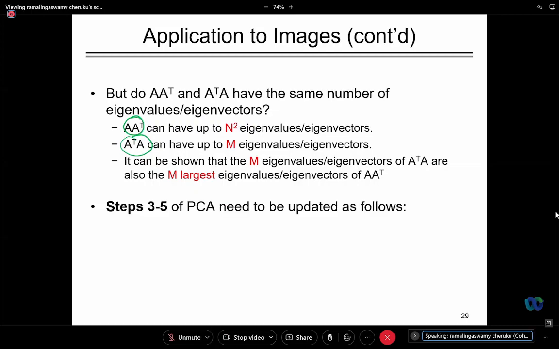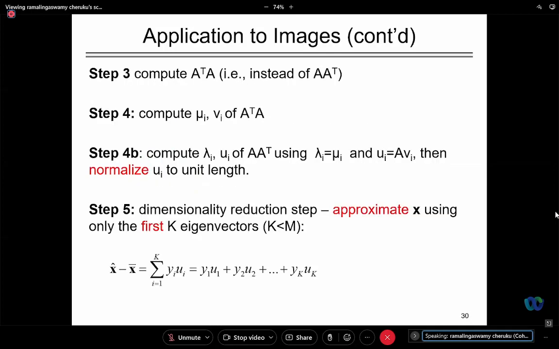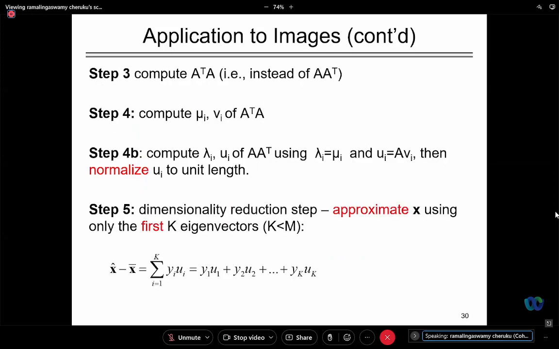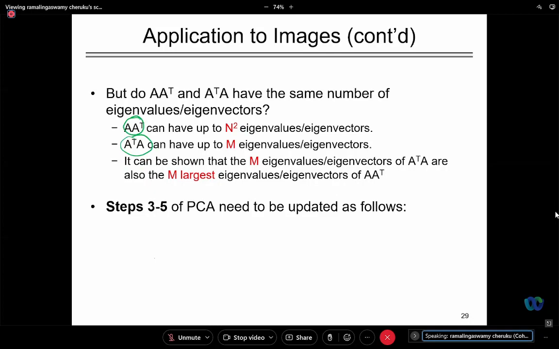Now step 3 of PCA needs to be updated as follows. In step 3, we are finding the sigma x, but now compute A transpose into A instead of A into A transpose, because A transpose A has m eigenvectors, and these eigenvectors are the topmost eigenvectors of A into A transpose also.